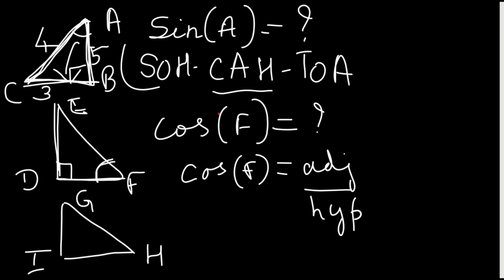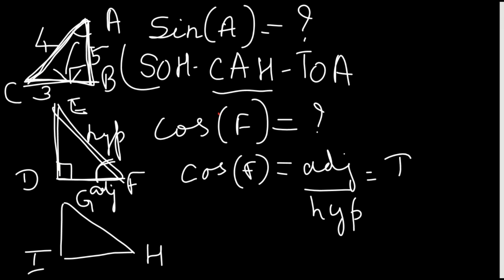So what is adjacent here? Adjacent is nothing but the side that is just next to F, that must not be the hypotenuse side. So this is our hypotenuse, because it's opposite to 90 degrees, and this is the adjacent, a non-hypotenuse side.